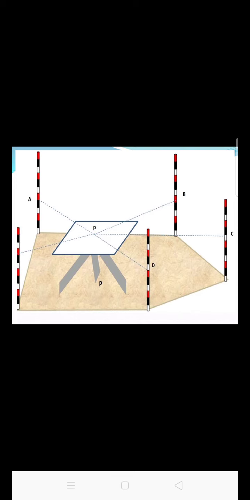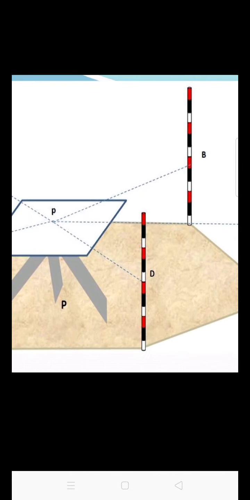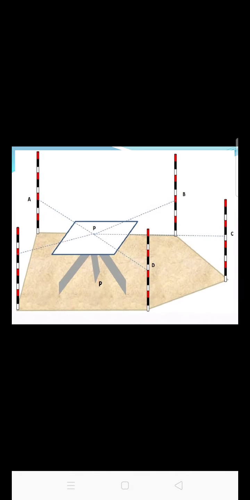You can see here the five ranging rods A, B, C, D and E and your station point P. While carrying out the survey in this method, after carrying out temporary adjustment, with the alidad you have to bisect all the object points from the station and draw the rays as shown: P to A, P to B, P to C, P to D and P to E. All the rays are drawn on a drawing sheet, and the distance P to A is measured, P to B is measured, P to C is measured.